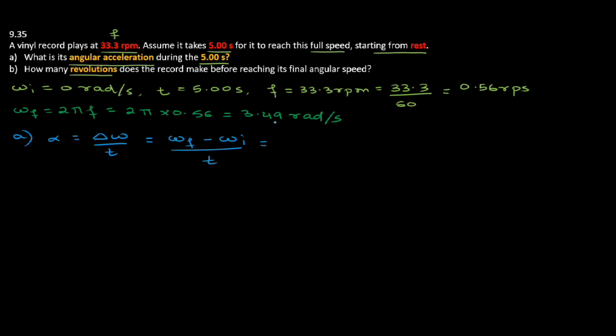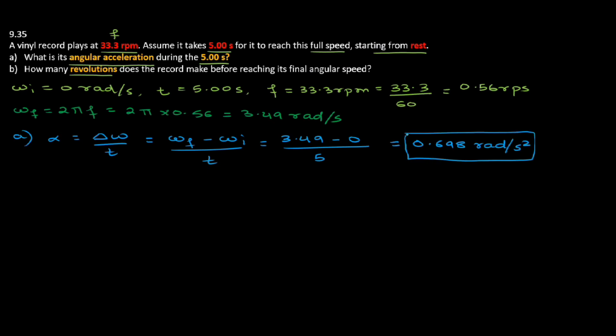Final angular velocity we calculated as 3.49. Initial, since it started at rest, is 0, divided by the time, which is 5 seconds. And when you solve this, you get the angular acceleration as 0.698 radians per second squared. This is the value of alpha.